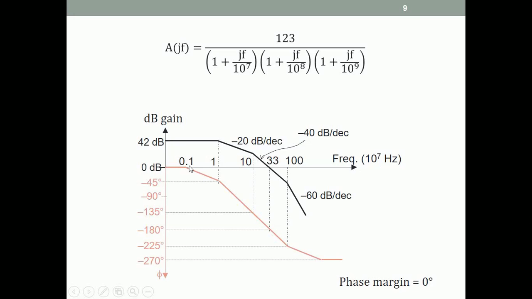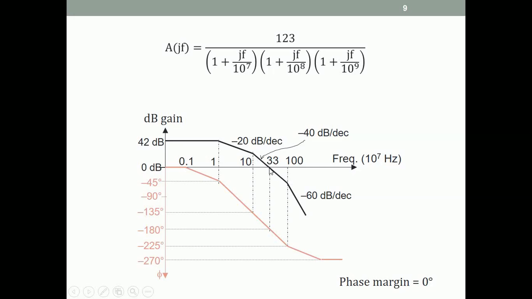Up to 0.1 times 10 raised to 7, the phase is flat. Up to 10 raised to 7, the gain is flat. At 10 raised to 7, when the first pole is encountered, the gain starts falling at -20 dB per decade. At 10 raised to 8, the second pole is encountered. So after 10 raised to 8, the gain starts falling at -40 dB per decade.